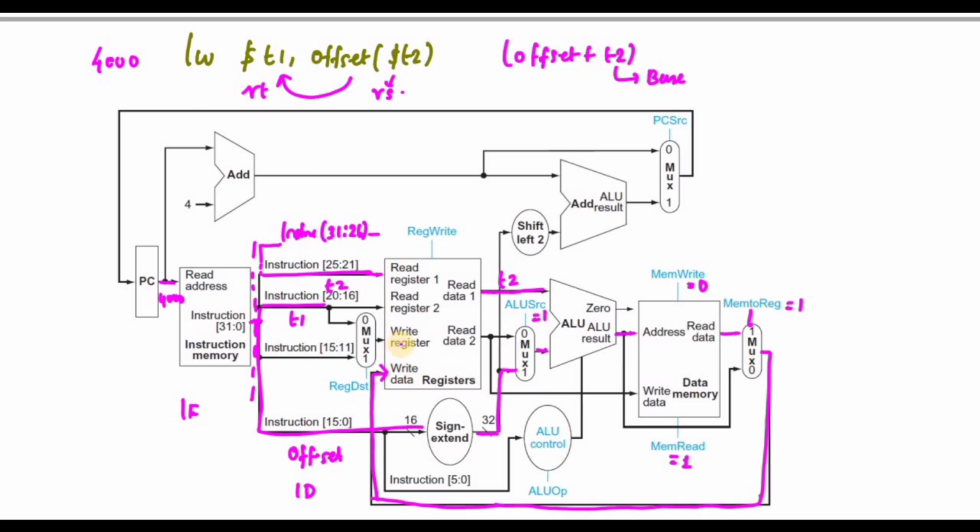The write data must be stored in the write register, so the write register value must be selected. What is the write register value? It must be T1, the address of T1, so this has to be 0. So the register destination must be equal to 0. Since I am performing a register write, register write has to be 1.